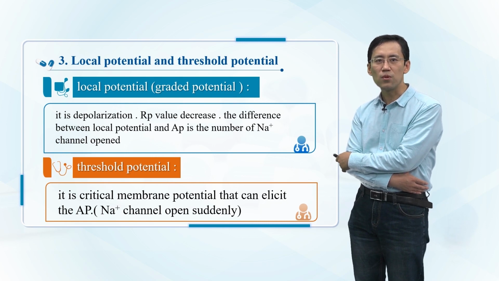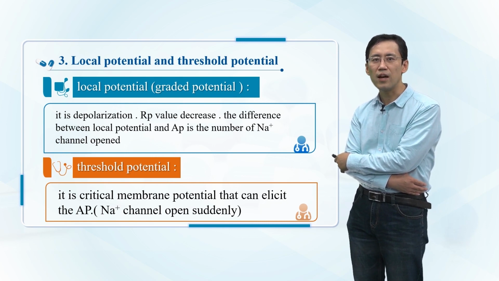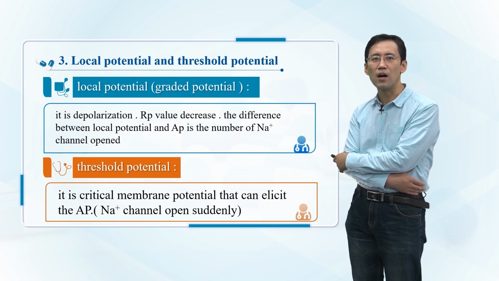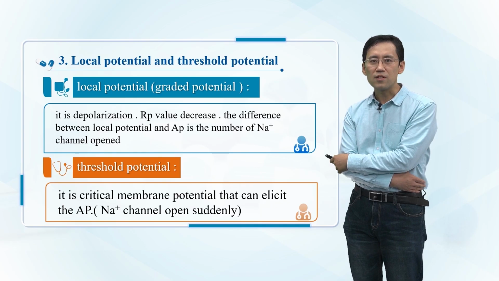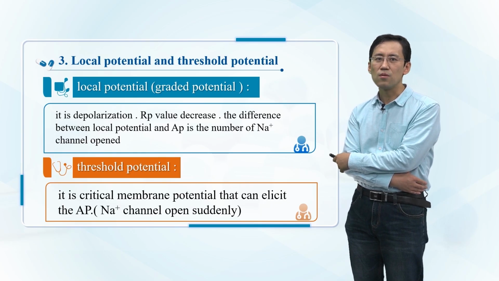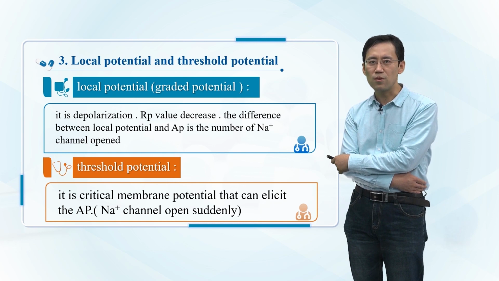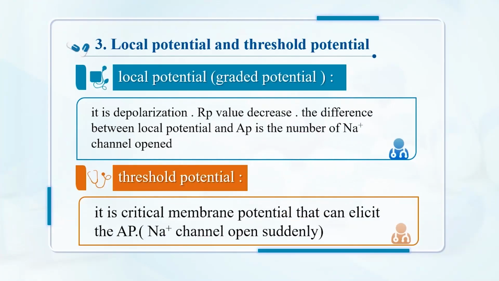The difference between the local potential and the action potential is the number of sodium channels opened. The threshold potential is the critical membrane potential that can elicit the action potential.